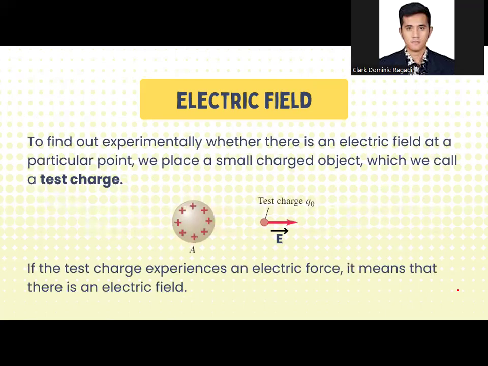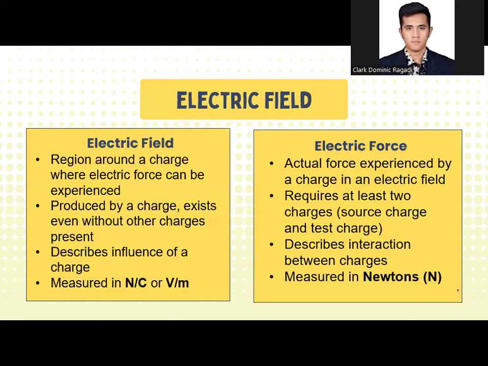To find out experimentally whether there is an electric field at a particular point, we place a small charged object we call a test charge. By the way, a test charge by convention is always a very small positive charge. If the test charge experiences electric force, it means that there is an electric field. So let's differentiate electric field and electric force.